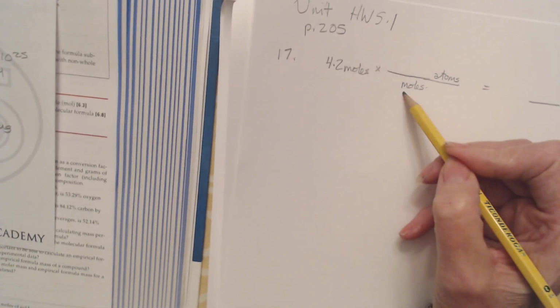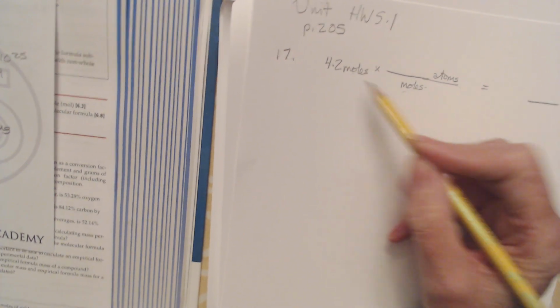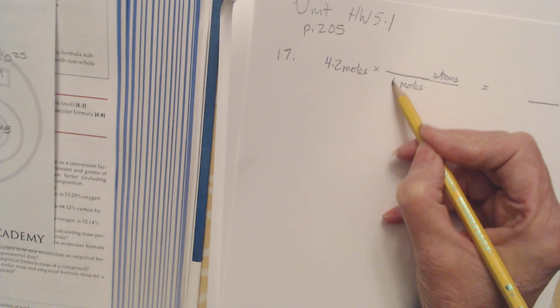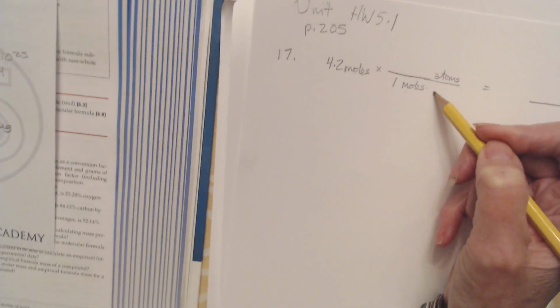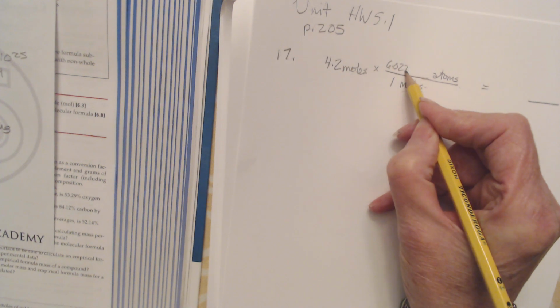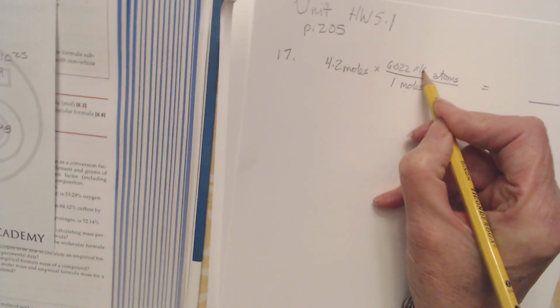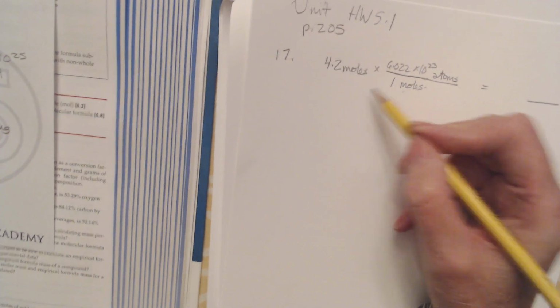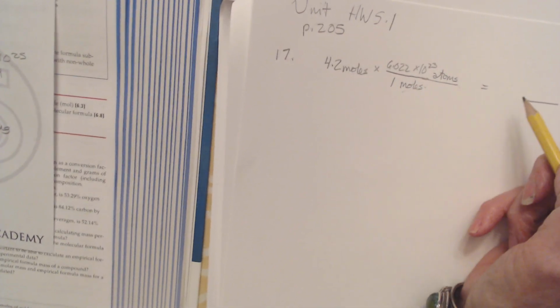And my moles are canceling out. I'm left with atoms. So this is a good setup. So every 1 mole of an element has Avogadro's number. Remember, it's 6.022 times 10 to the 23rd atoms within it. That's just the definition of what a mole of atoms is.